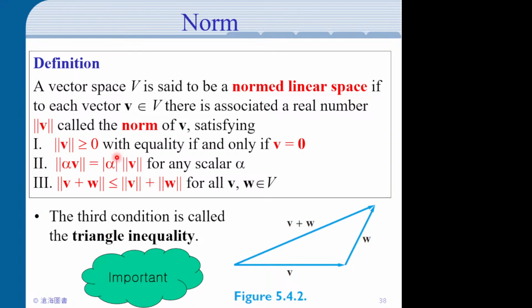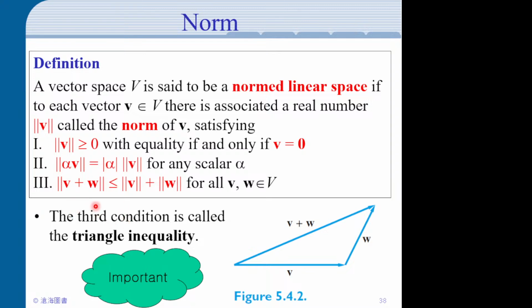Then you also need to have homogeneity. If you multiply your vector by some scalar alpha, so you have twice your vector, stretched twice, then the norm should also become twice. And if you have -1, the norm is still the same. So if you multiply by alpha, then the norm is multiplied by the absolute value of alpha.